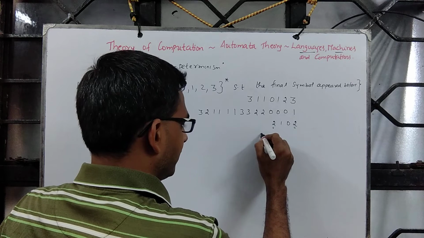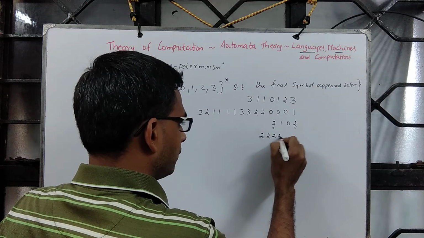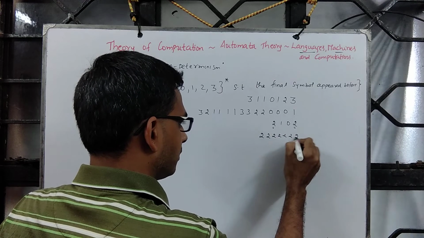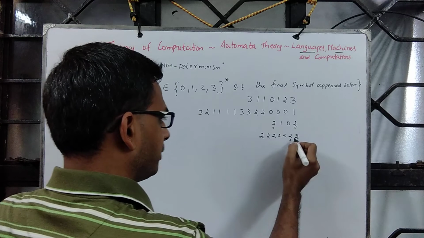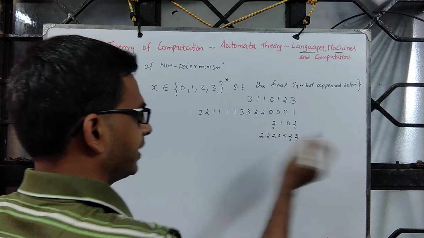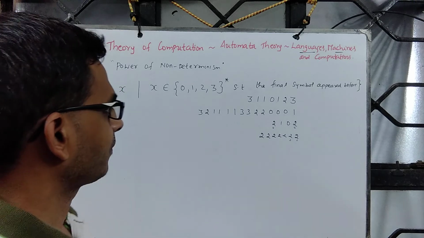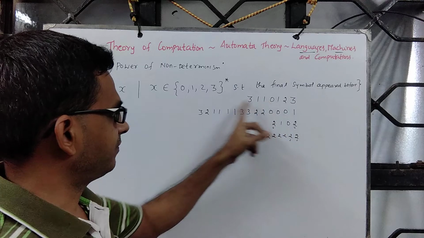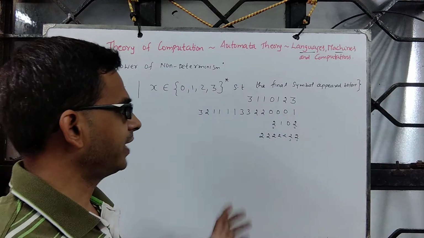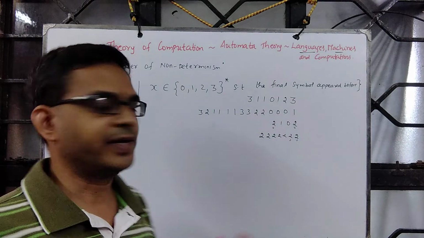It could even be 2, 2, 2 everywhere. In that case, it is immediate, or you can take for this 2 any 2 from this. So if you look at the final digit, it must have appeared somewhere else in the string.